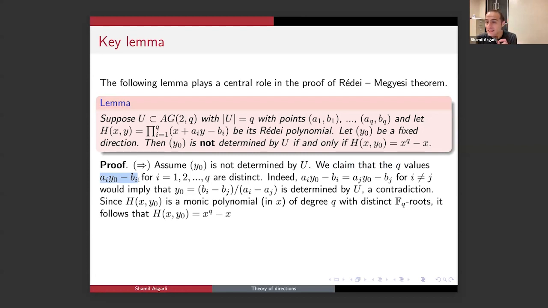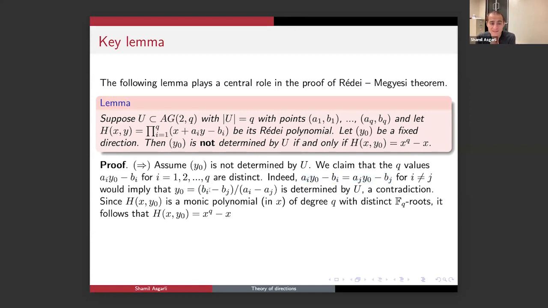Well, why is that? This is because, assume to the contrary that two values collided for some i and j. So ai y0 minus bi is equal to aj y0 minus bj for some i not equal to j. But then it's simple to solve for y0 from that equation.